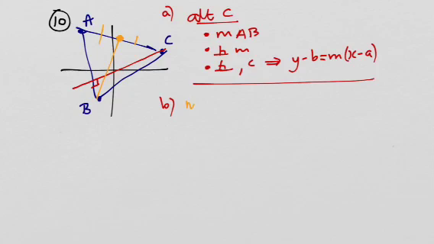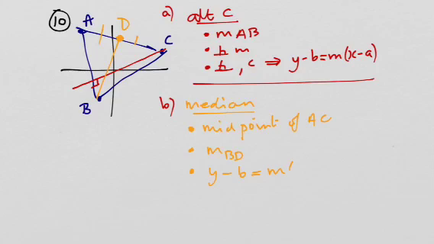If you're trying to find the median, then the process we go through there is find the midpoint of AC, find the gradient between B and that midpoint, let's call it D, and then use the gradient that you've just found and the point B in the formula y minus b equals m times x minus a.